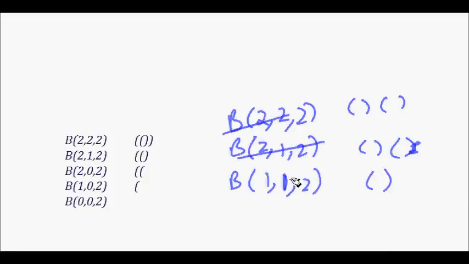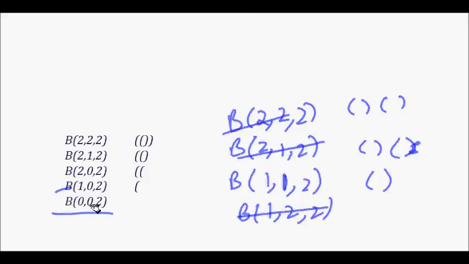So I cannot go now to B122, because the number of close braces should always be less than or equal to the number of open braces. So I don't go there, and I come back to B1 comma 1. B1 comma 1 comma 2 was called from here. I come back to B0 comma 0 comma 2.